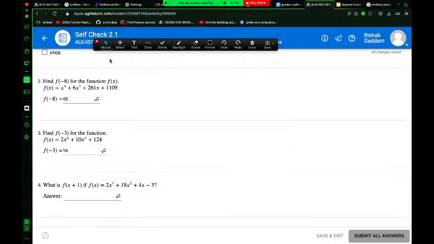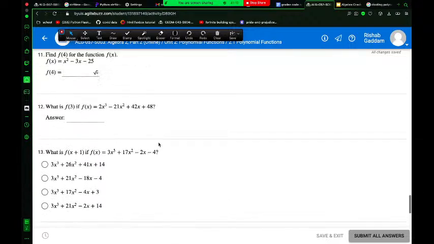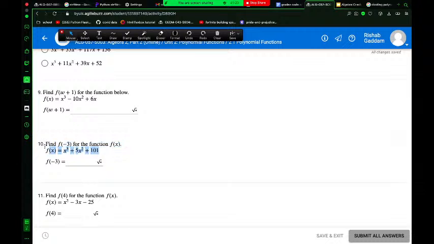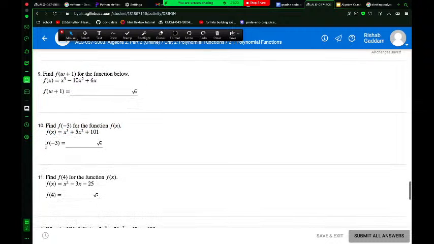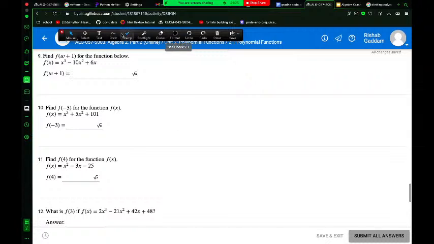Oh, okay, that's easy. Okay, Neil, how about you do this one, number 10. Find f of minus 3. It's the same thing. Change everything as x into minus 3.